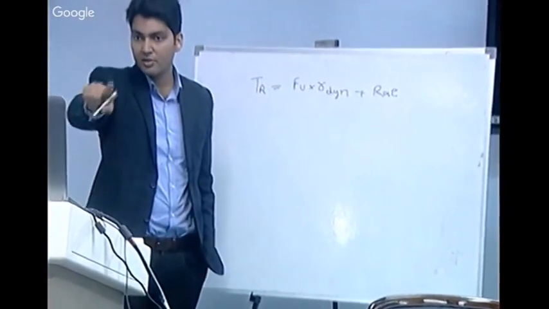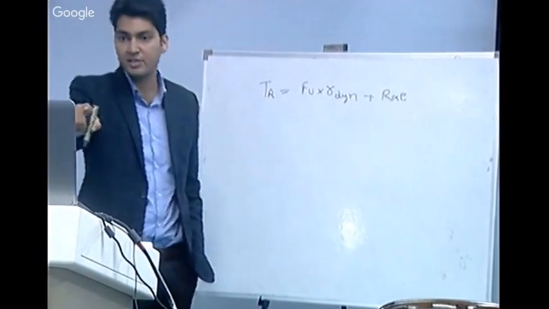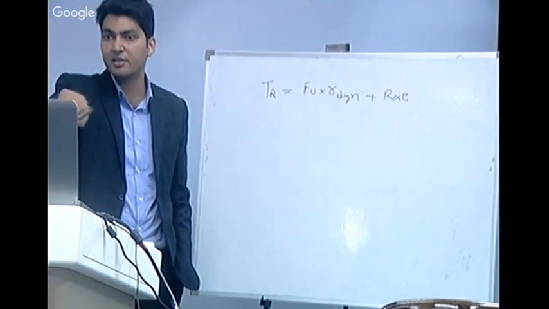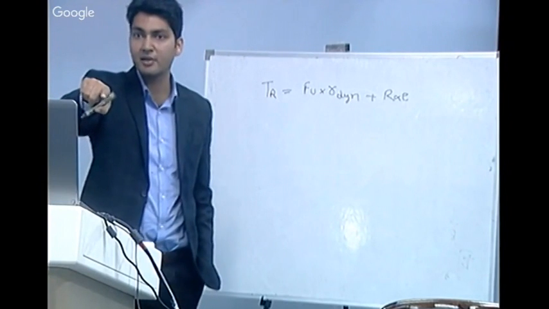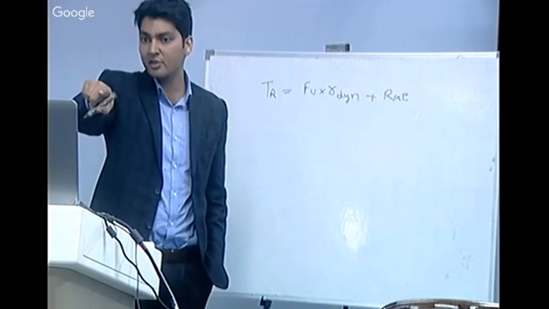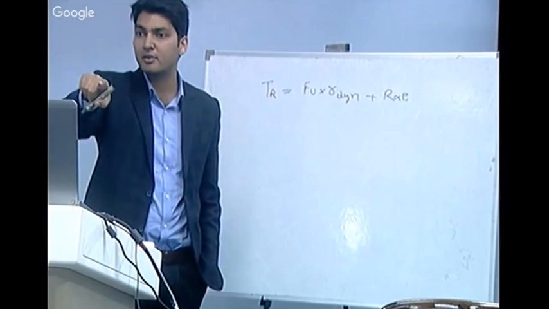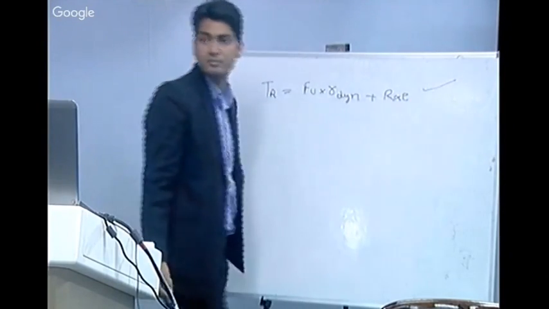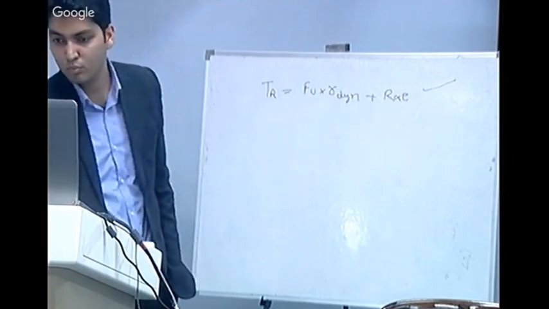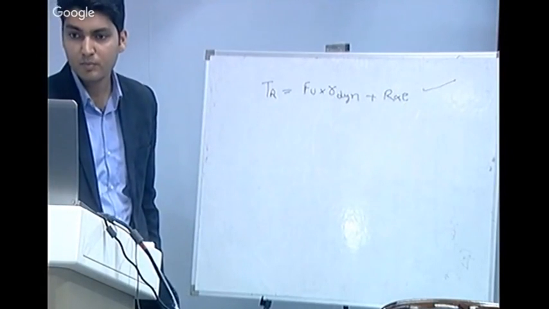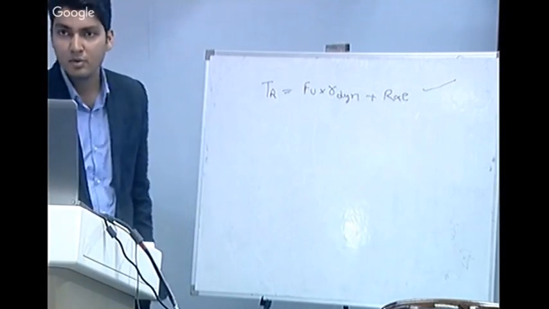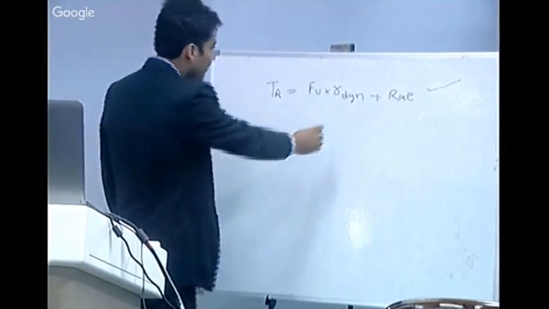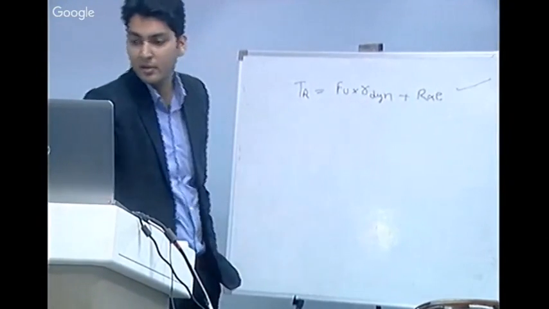Because the torque TR is in clockwise direction, and the acting forces Fu and R are in anti-clockwise direction, and the E and R are also in the anti-clockwise direction. To satisfy equilibrium, we come up with this equation. So this is the equation which we derived: TR is equal to Fu into R dynamic plus R into E.